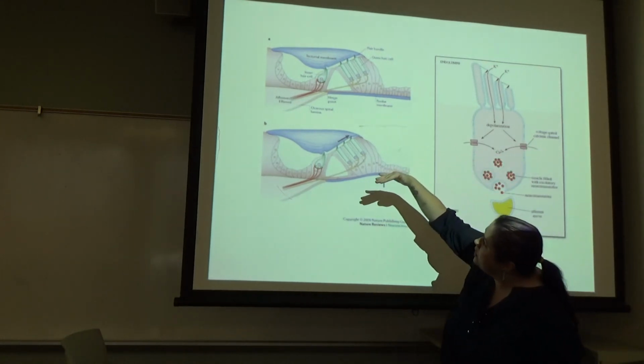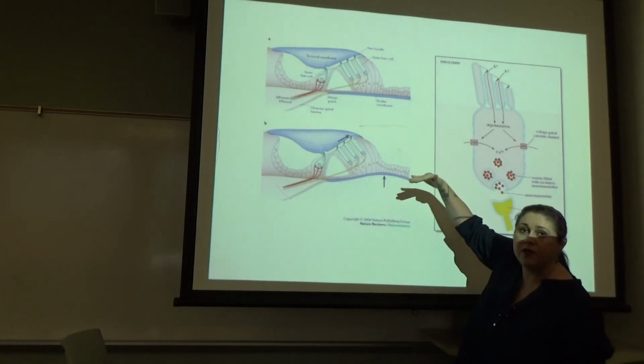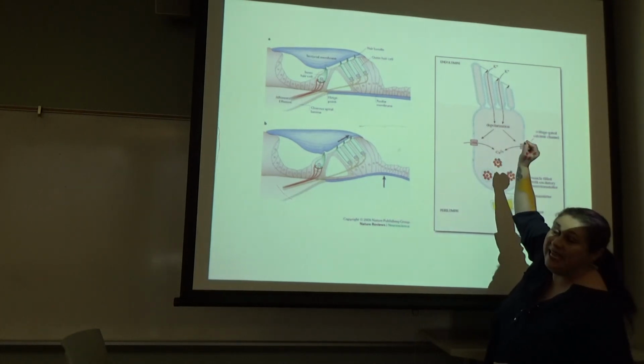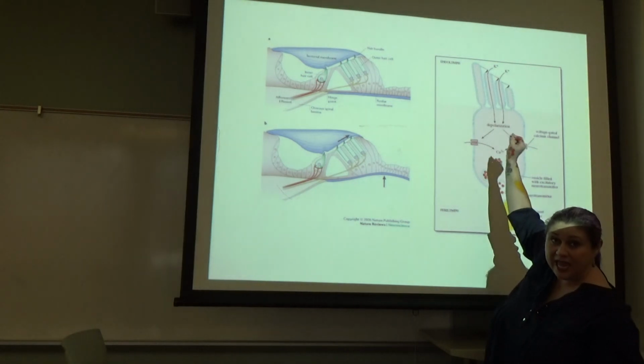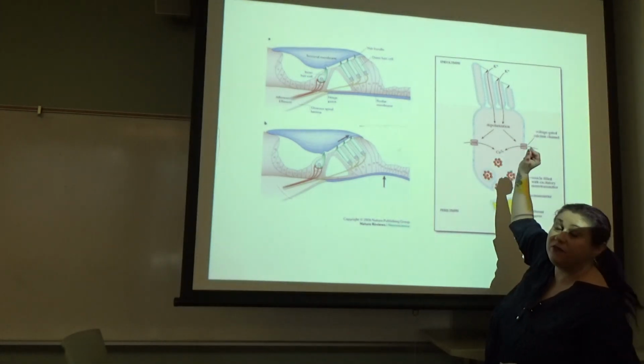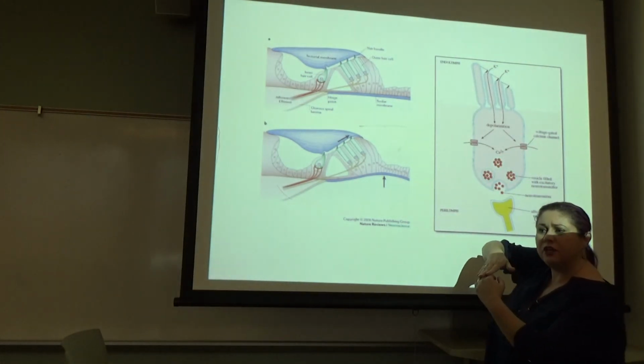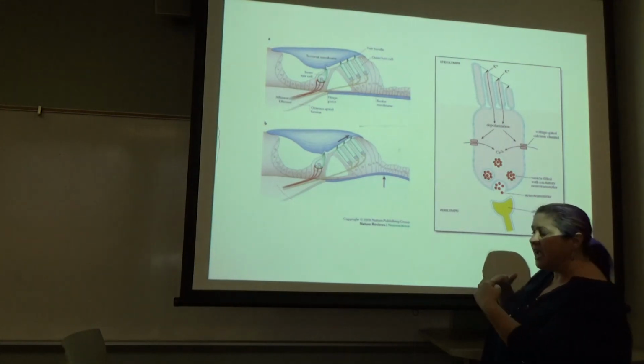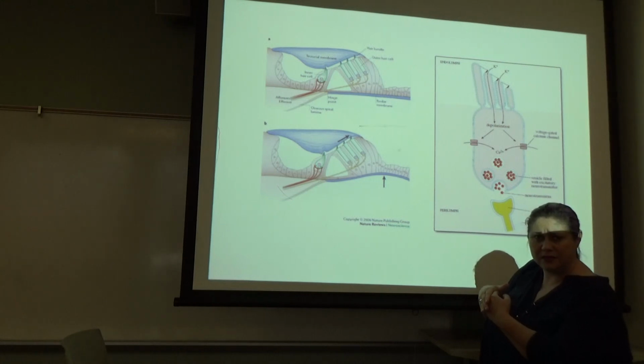And when the tectorial membrane rubs the top of the hair cells, they actually have little tiny gates on the top, and the action of the tectorial membrane pulls the gates open. So it's actually a mechanical process.